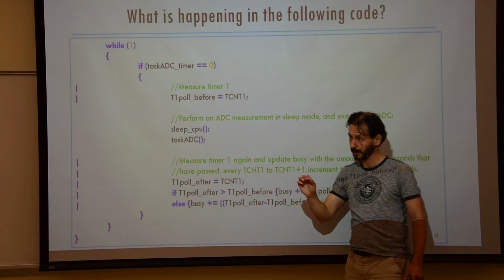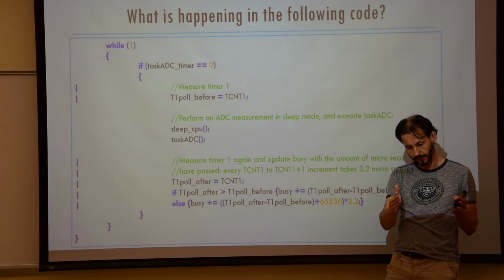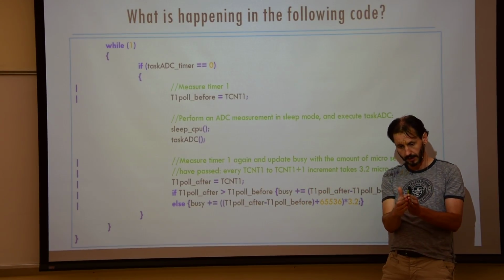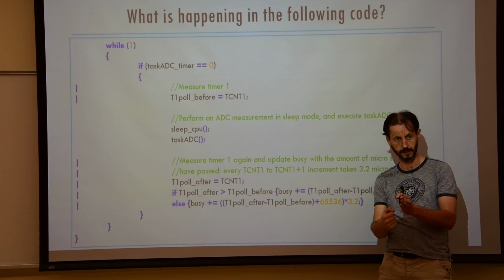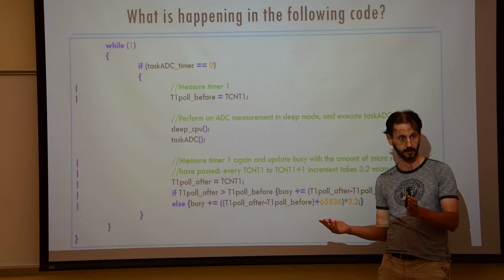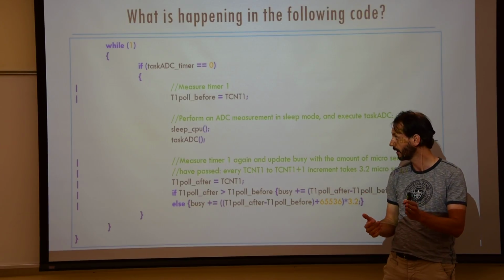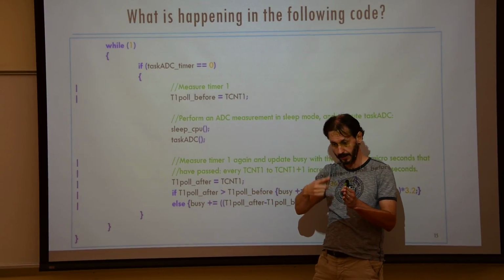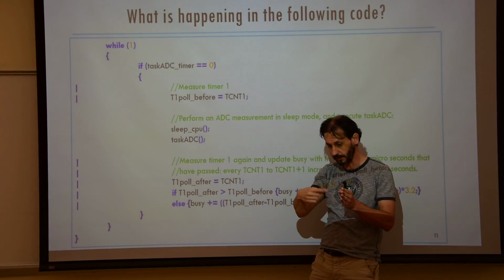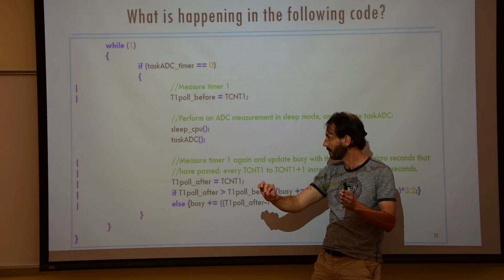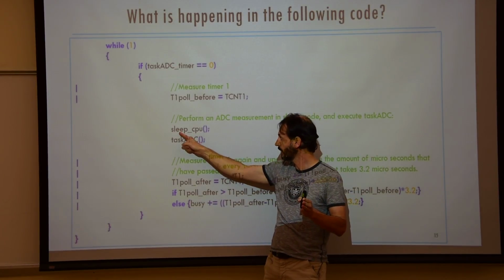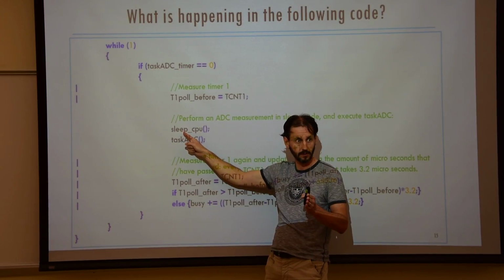But remember, as soon as the ADC conversion is finished, the MCU wakes up out of its sleepy state. That means that all the timers start working, including timer 1. So you start incrementing TC and T1, and during those tick increments, you're going to execute the ISR associated to the ADC conversion.